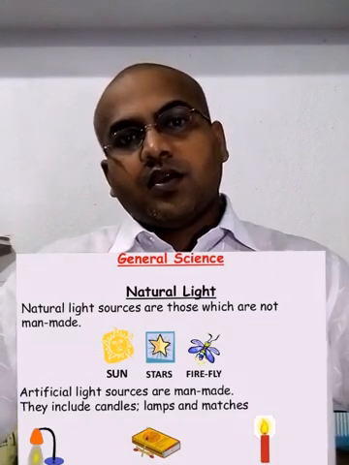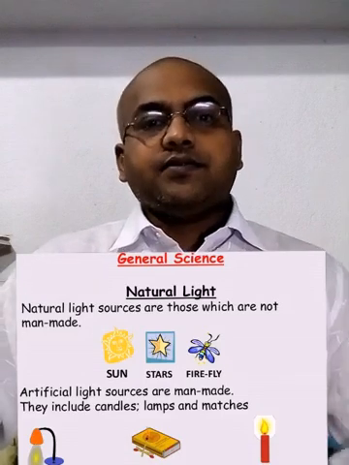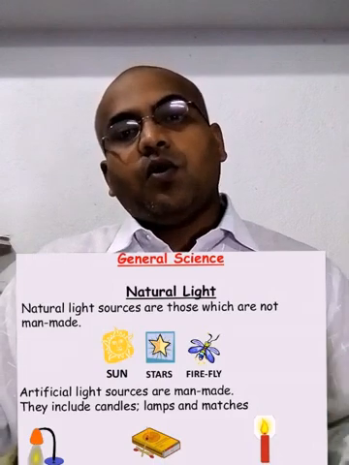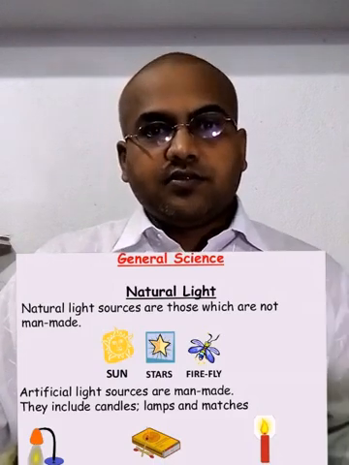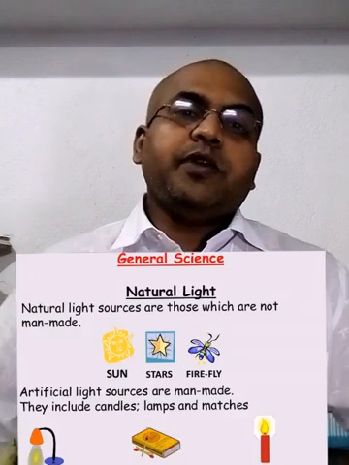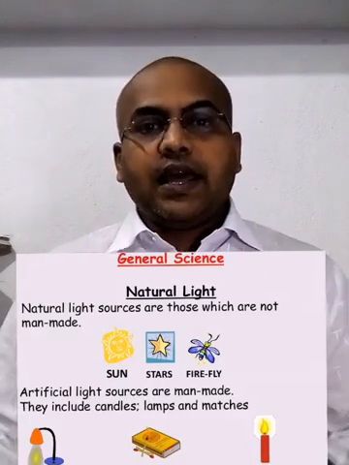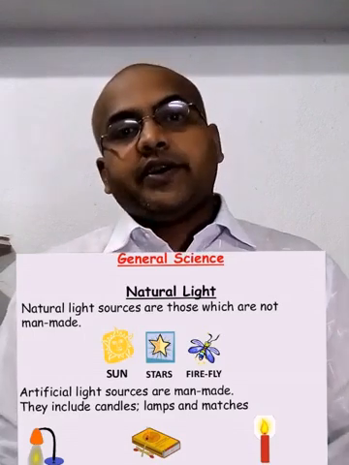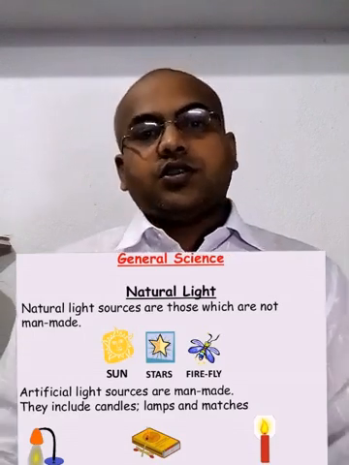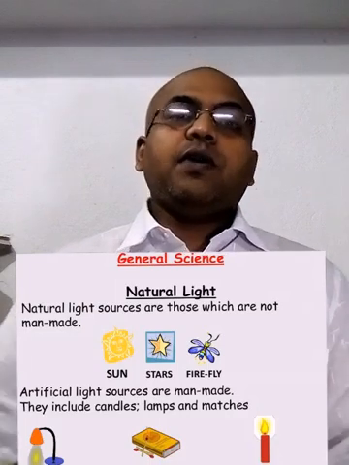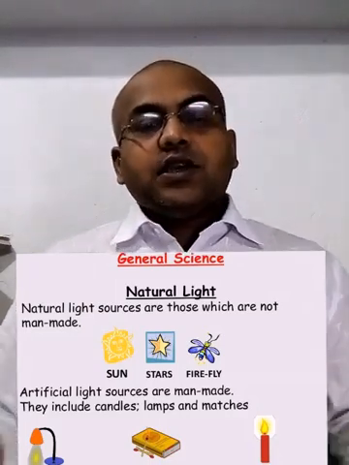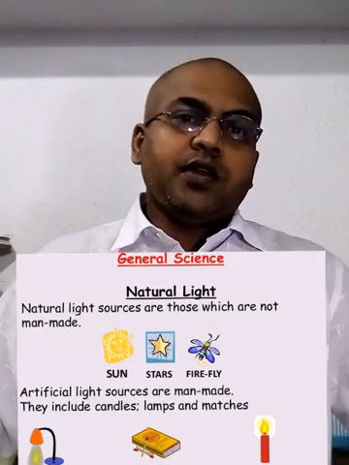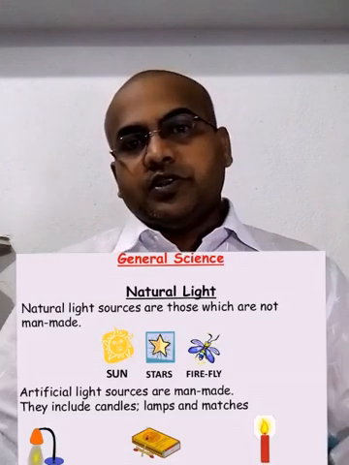In natural sources of light, the best example is the sun, a heavenly body made by nature that produces light. Artificial or man-made sources include a candle, a torch, and a bulb powered by electricity, which are produced by humans.